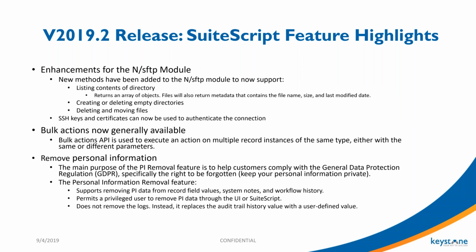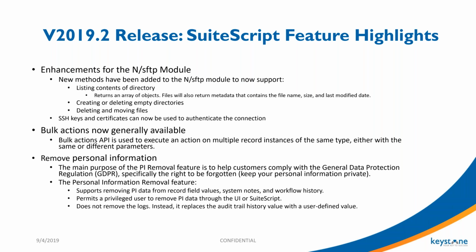And next page here, we've got enhancements to the SFTP module. This is potentially huge, but the introduction of the SFTP module was quite cool until it didn't work. So hopefully this is much better than the last time they made some changes. They finally introduced the ability to list the contents of a directory.